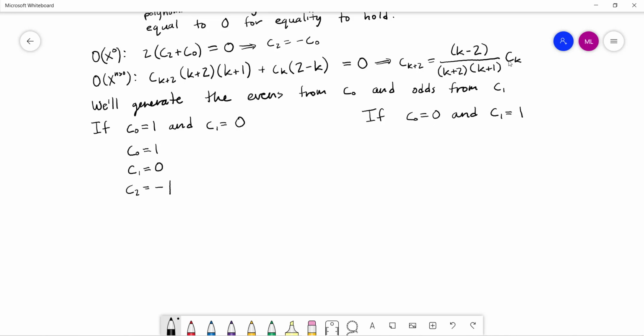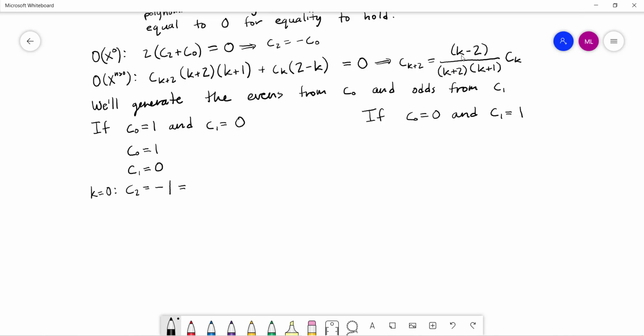So C0 is 1, so plug in C0 is 1. K in this case, and just think about what the values of K are. So in this case, this is the value where K equals 0. When K equals 0, I can generate C sub 2. So that's what we're doing. This is the K equals 0 case. So C sub 0, which is going to be 1, is going to look like this.